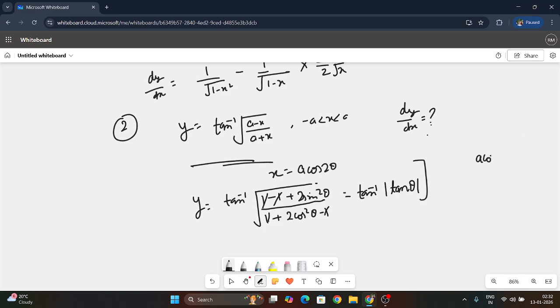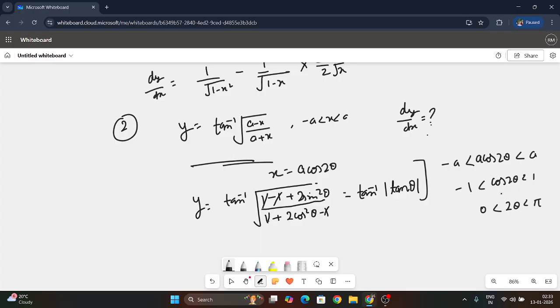So a cos 2 theta, x lying between minus a to plus a get cancelled, and you will get cos 2 theta between 1 and minus 1, which means that 2 theta is greater than 0 and less than pi. 2 theta is 0 to pi.